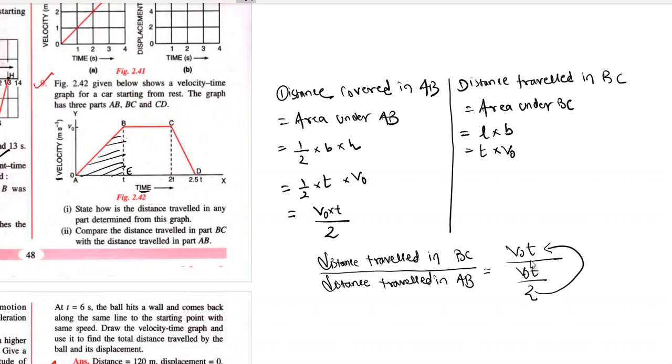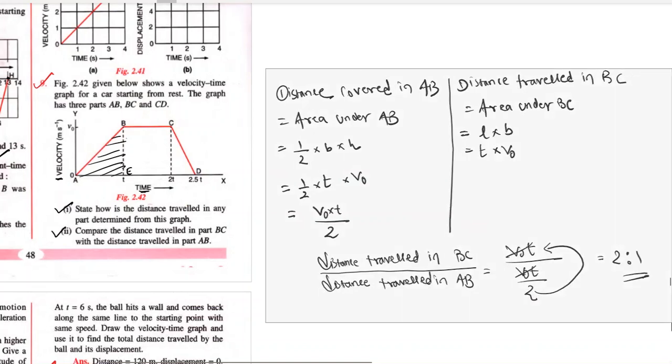This 2 will go up and this V naught T will get cancelled and we'll get 2 is to 1. The distance traveled in BC is 2 times the distance traveled in AB. Correct? So question number 1 is done, question number 2 is done, and let's move ahead.